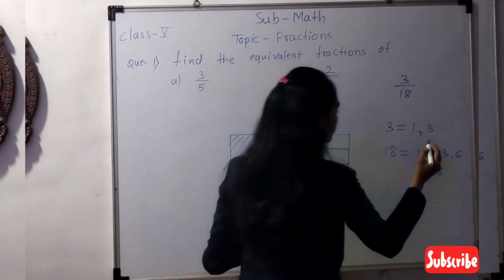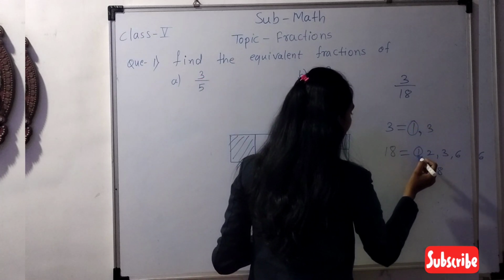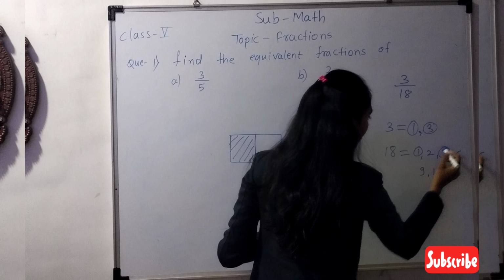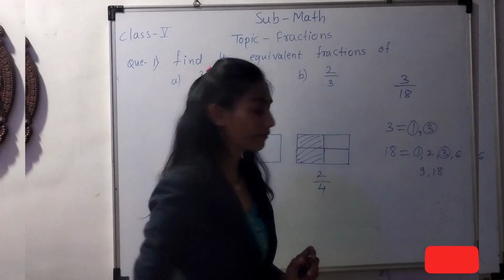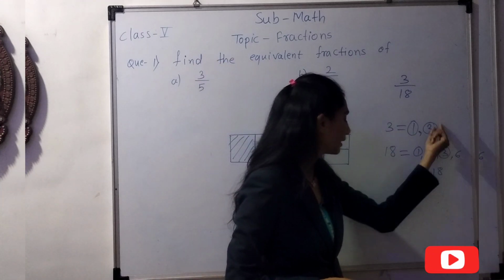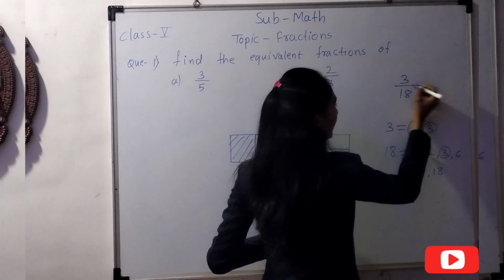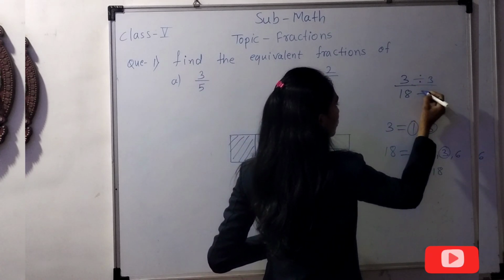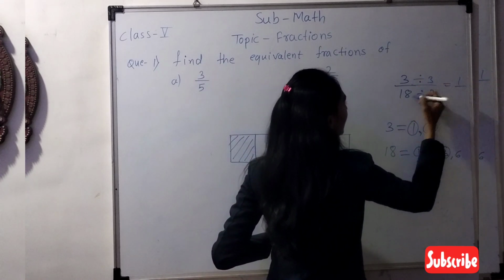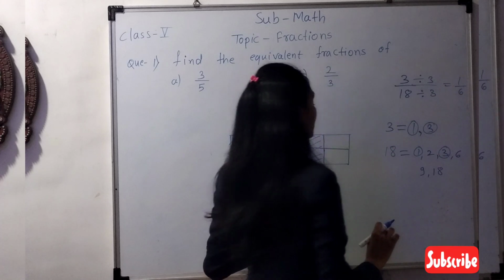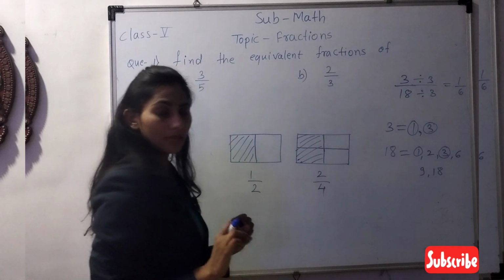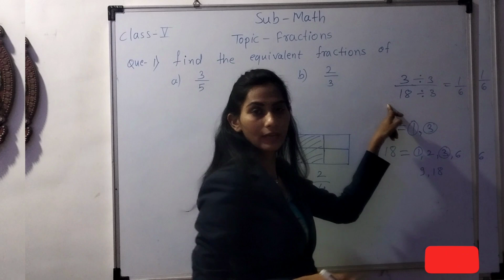So here if you observe, the common factors of 3 and 18 are 1 and 3. So the highest common factor is 3. If we divide both numbers by 3, then we get 1 upon 6. This will be the equivalent fraction of 3 upon 18.